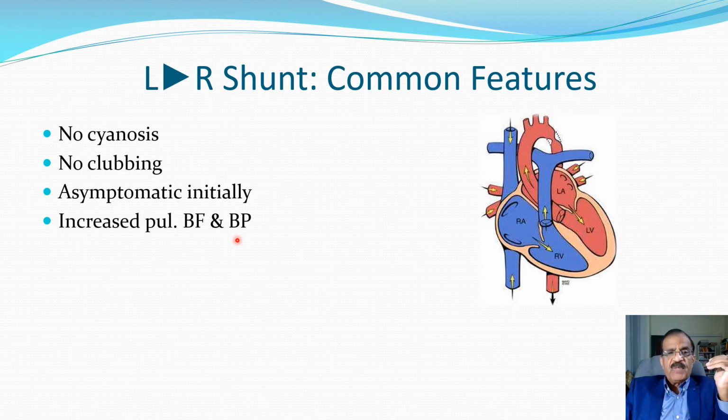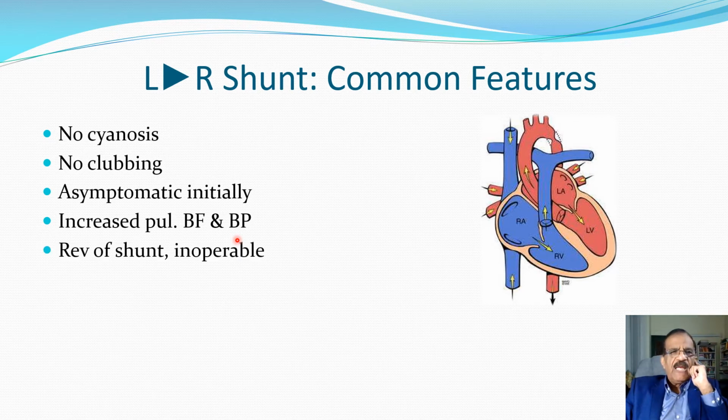But gradually, as time passes, pulmonary pressure will progressively increase, and a time might come when pulmonary pressure exceeds aortic pressure, and that is when there is a reversal. The next picture will show it in more detail. There is a possibility of reversal of shunt, especially if these patients are ignored.